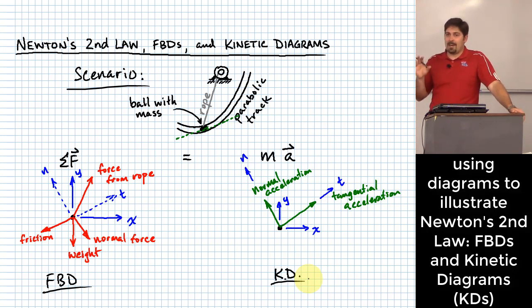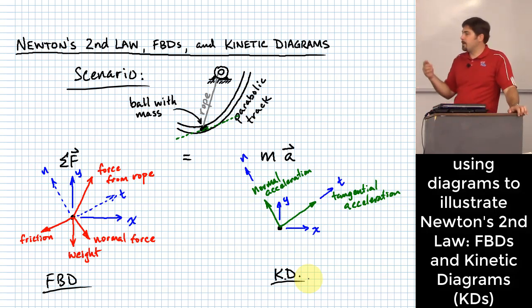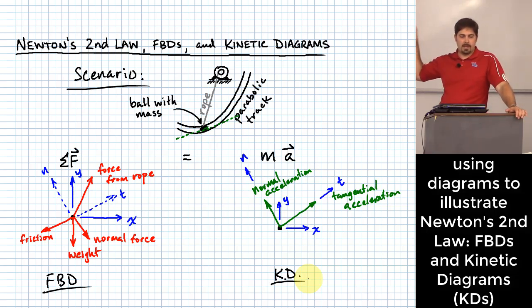But it's nice to have another diagram where you can indicate on there, here are all the ways that it might be moving. You can put velocities, you can put accelerations, you can even make some sort of an indication of how far something has moved, for instance. That's more of a geometry diagram, but anyway, the idea is don't be afraid to make diagrams that describe this geometrical stuff that would be important for the kinetic diagram, okay?